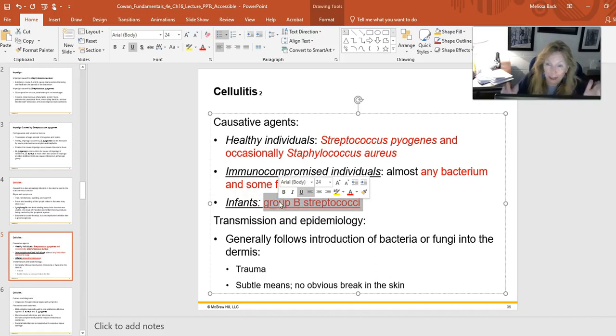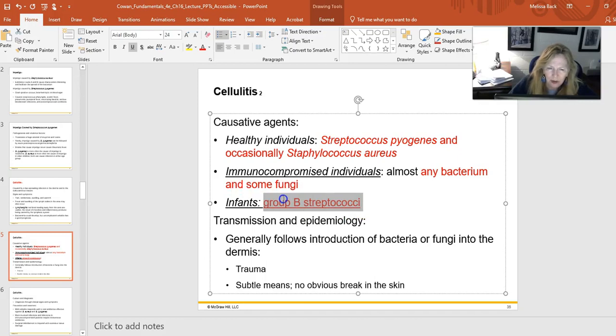Some women are carriers of this as part of their normal vaginal microbes, so they're usually going to have to be treated when they go into labor to reduce the numbers of this bacterium from their vaginal flora before the fetus moves through the vaginal canal. But because some infants do have this as part of their flora that they picked up, if we see cellulitis in infants, this is a bacterium that we are also really thinking about.